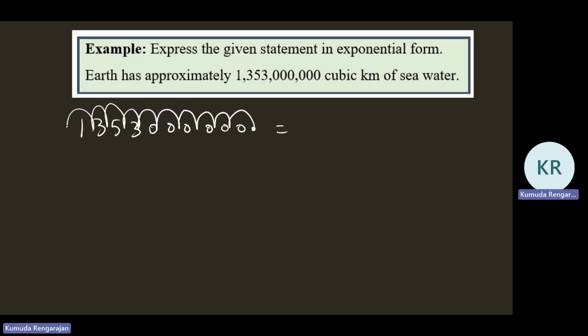That becomes 0.1. I was fast. Okay, let me do it slowly. 1 2 3 4 5 6 7 8 9. 9, it becomes 1.3. Okay.